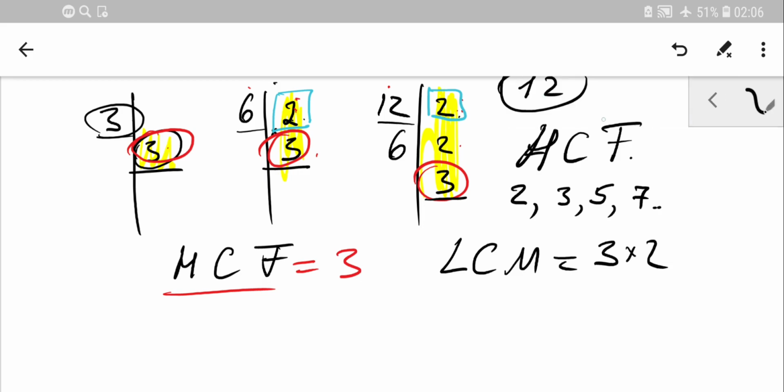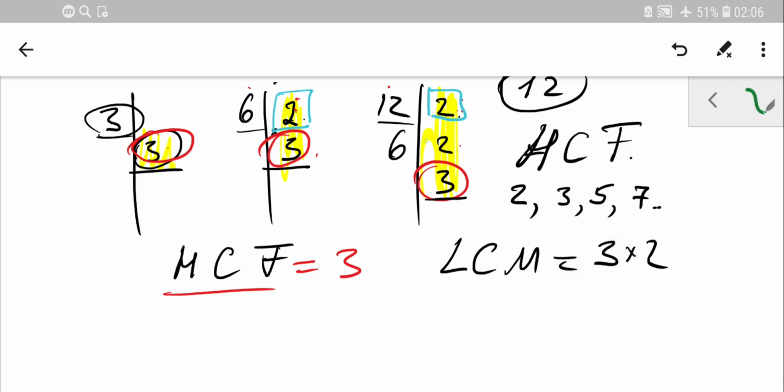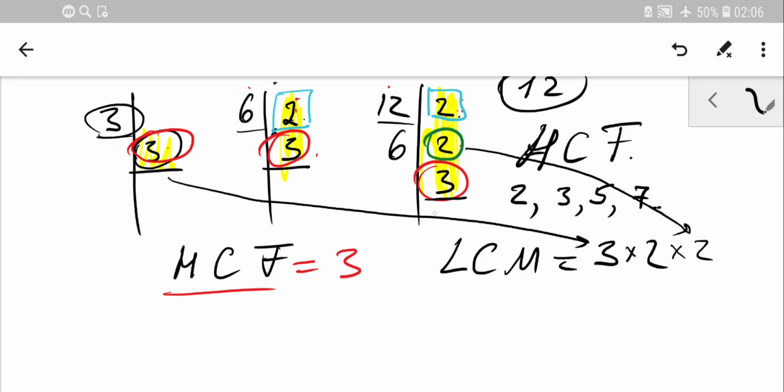And what's left? So I put it, let's say, green one, and put it as a circle. So this is unique, right? Because only 12 contains this second 2. So that's why the last 2 will go from green. Okay, so it means this 3 is from this triple, but you don't need to repeat it, and 2 here you take just one time.